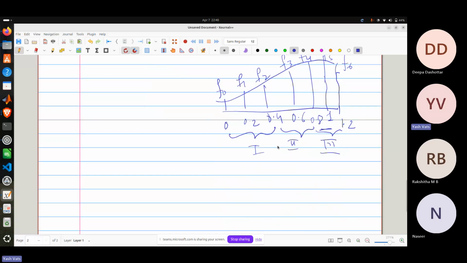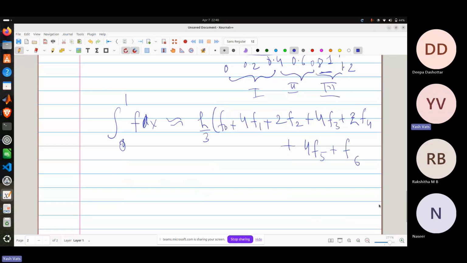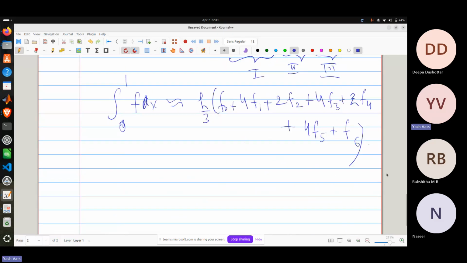Then you again will get the same kind of expression, which is the integration from 0 to 1 of f dx approximated by h/3 times (f0 plus 4f1 plus 2f2 plus 4f3 plus 2f4 plus 4f5 plus f6). Yes. So that will be your composite Simpson's 1/3 rule.